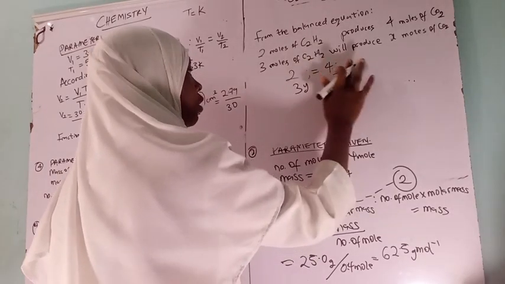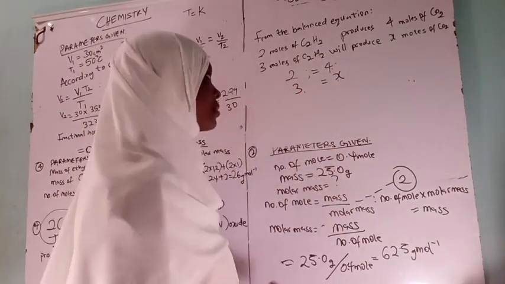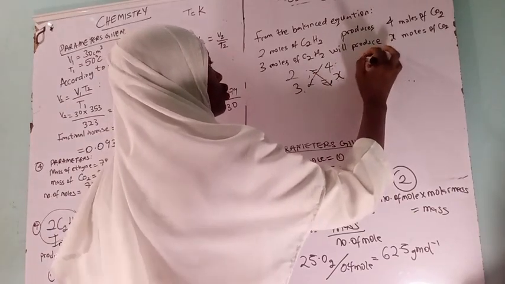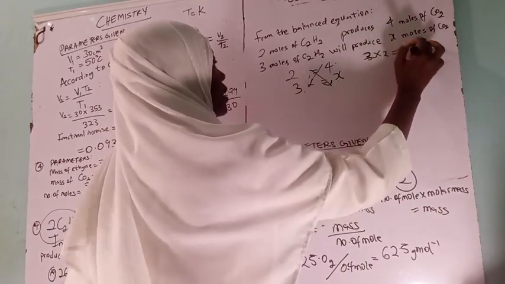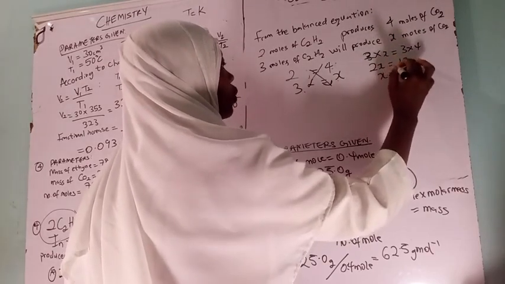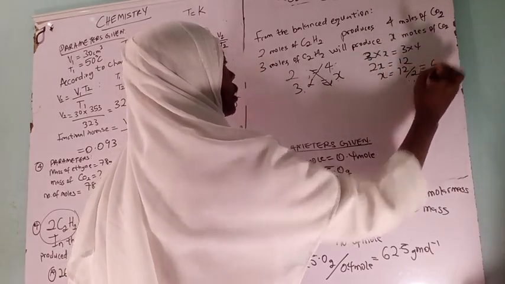Now let's cross multiply. We then have 2 times S equals 3 times 4. That is 2S equals 12. S equals 12 divided by 2 equals 6.